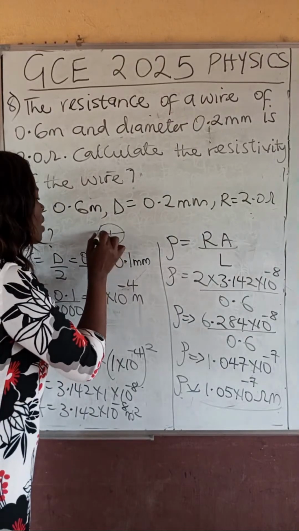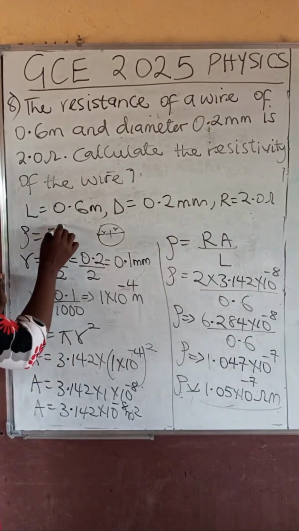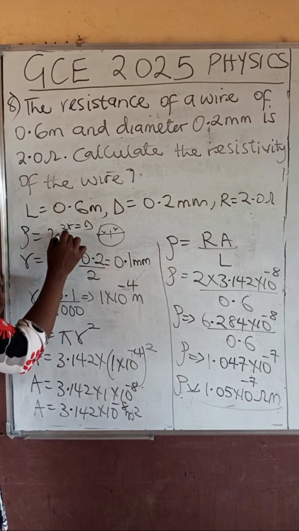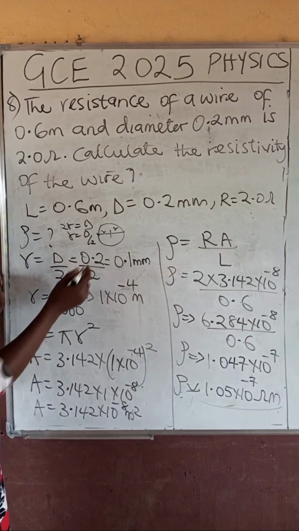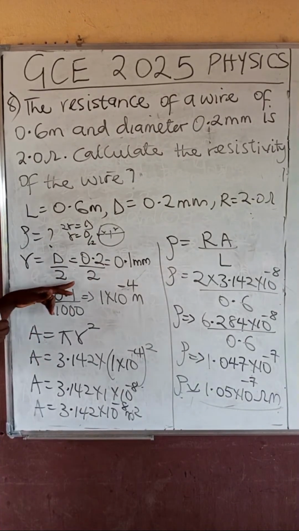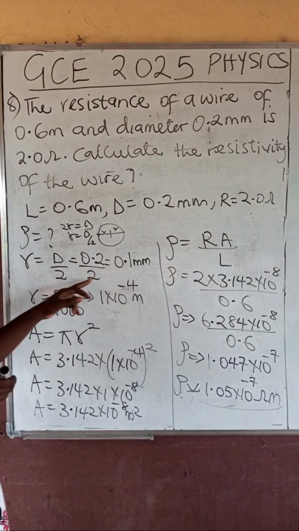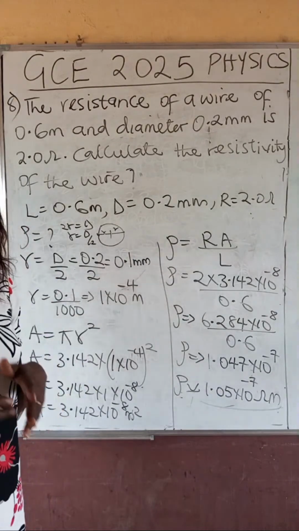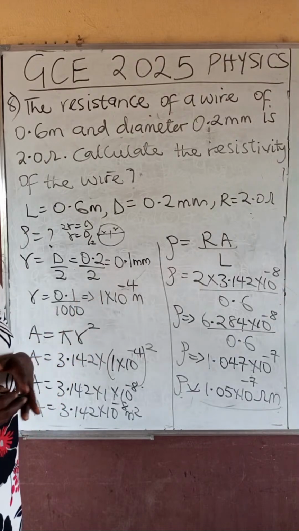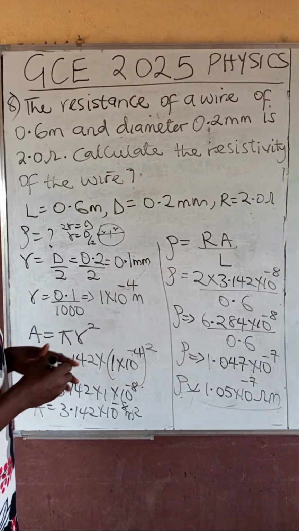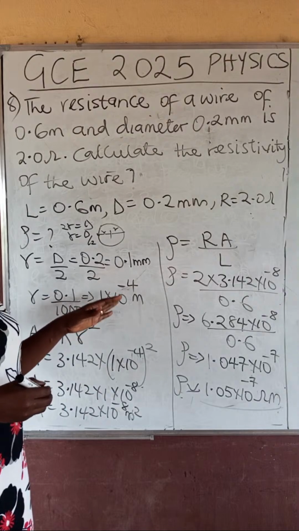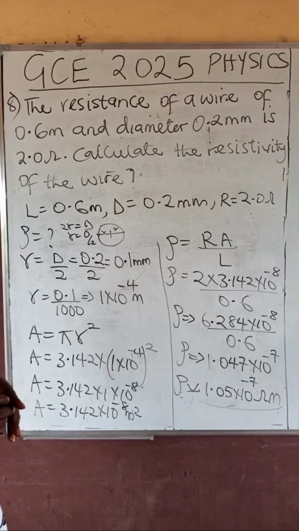When we divide it by 2, we have what? Radius, right? So 2 radius is equal to diameter, so radius is diameter divided by 2. That's what I did to get the radius, and I got 0.1 millimeters. Remember that I must convert this millimeter to meter by dividing by 1000, and I got 1 times 10 raised to the power minus 4 meters.